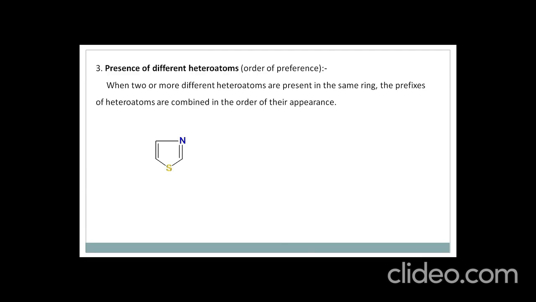Here is the example in which it has a 5-member unsaturated ring containing sulfur and nitrogen. So in that case we give the preference to sulfur. So first of all, for sulfur we use thia, for nitrogen aza, and as it is a 5-member ring we use the stem OLE. So combined it is thiazole.